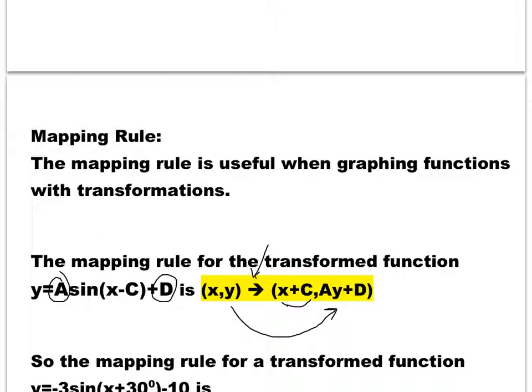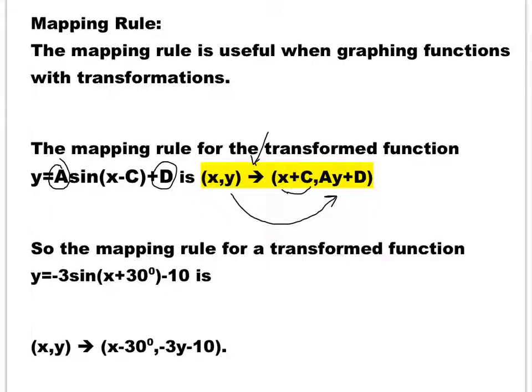Let me give you one example. I have an example right here. For instance, if I have a transformed function shown here, y equals -3 sine(x plus 30 degrees) minus 10. So this is my transformed function. What is the mapping rule for this function?